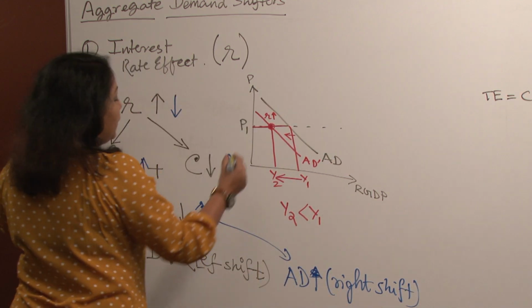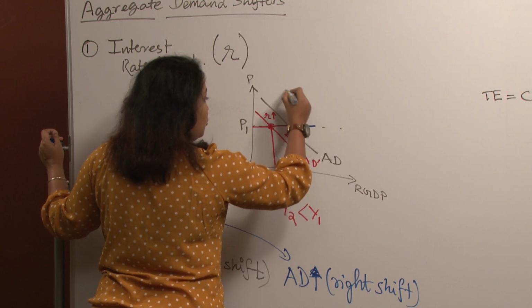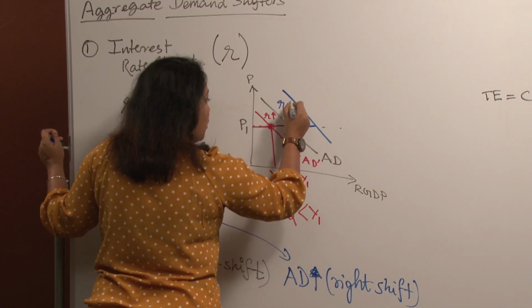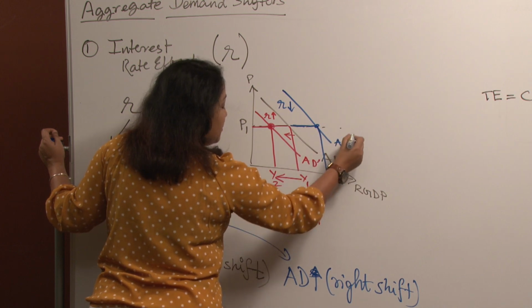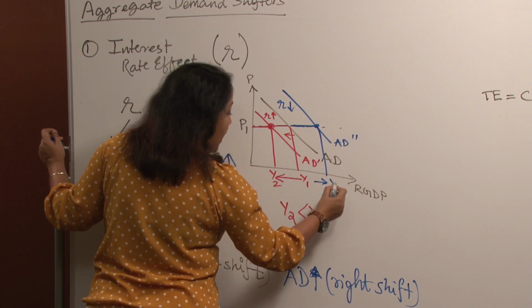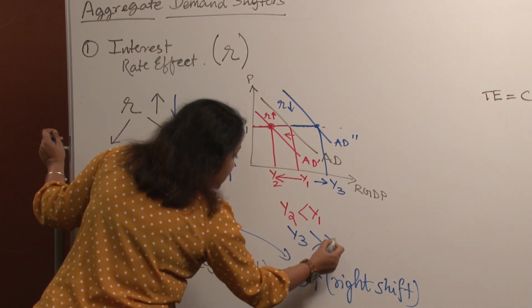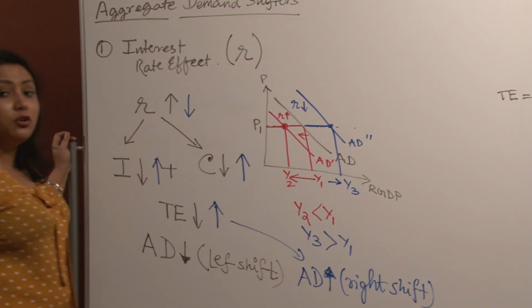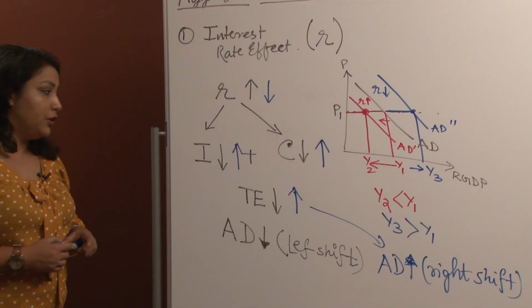So now we are talking about a right shift. Once again, it's the same price index, no change in the price index. Just because the rate of interest went down, you now have an aggregate demand curve AD double dash, and you have a higher real GDP Y3, where Y3 is greater than Y1. So there has been growth in the economy due to the decrease in the rate of interest, right.